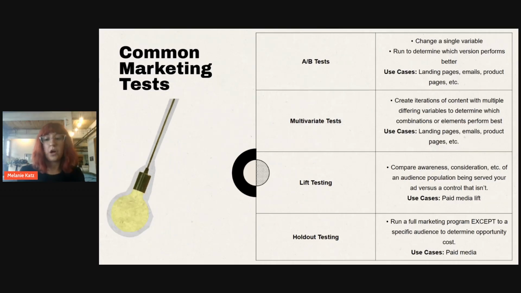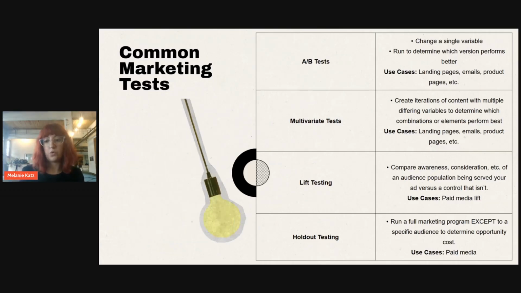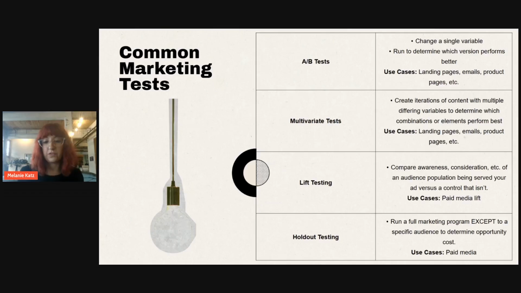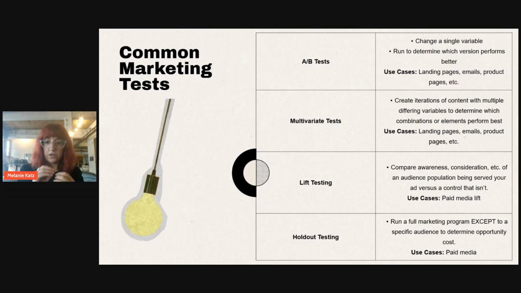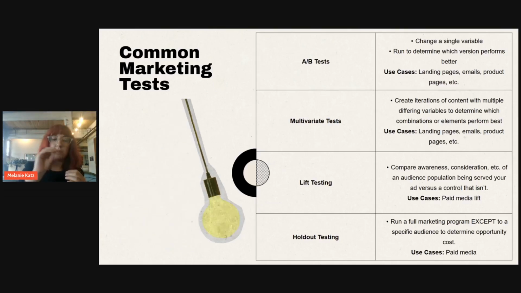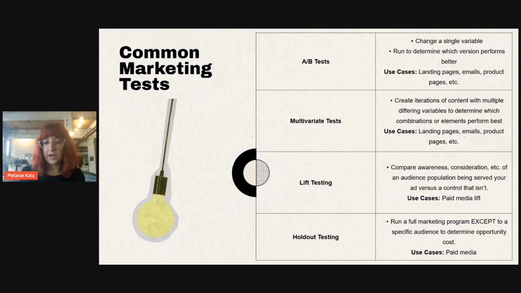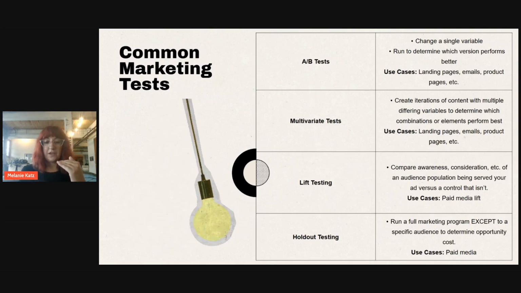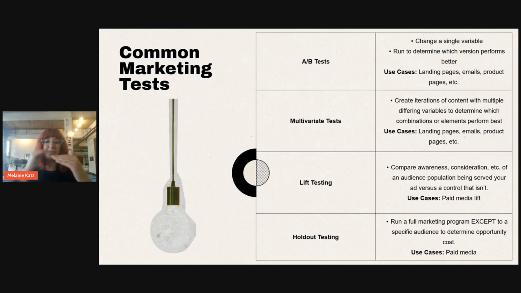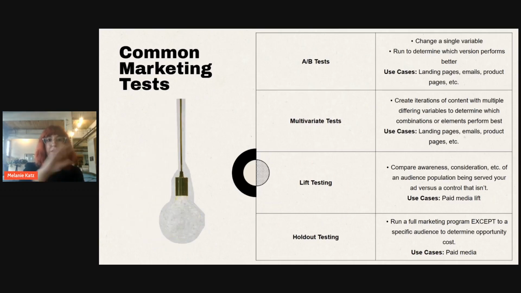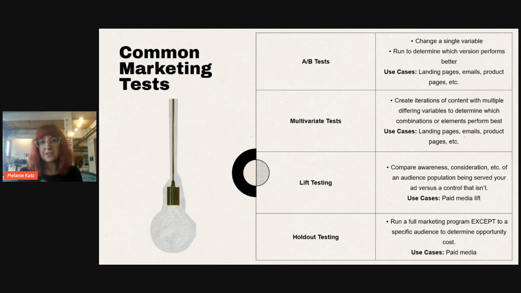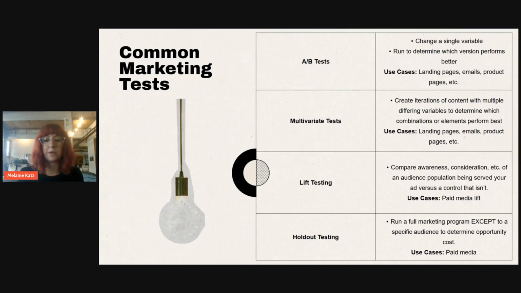This is really more common in paid media to record what that lift is from running those ads. And you're seeing how your ad performs against a population versus a control population that does not get your ad. And then, if you think about it, a holdout test is the inverse of this, where you're running your marketing program except to a specific audience, demographic, or community to determine what the opportunity cost looks like if you were to scale it.